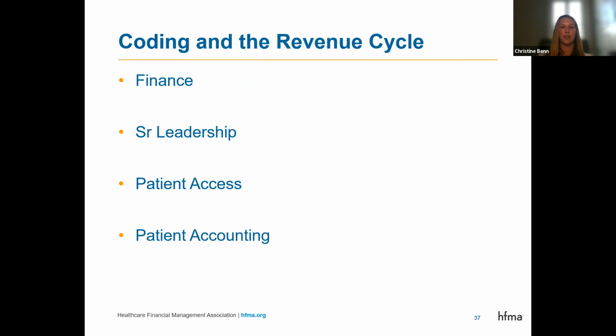Coding and the revenue cycle. Beyond HIM, a number of departments rely on codes that are assigned. Reimbursement and budget personnel actively model coding and reimbursement changes, both positive and negative, that result from the coding and assignment of MSDRGs or CPT HCPC codes.